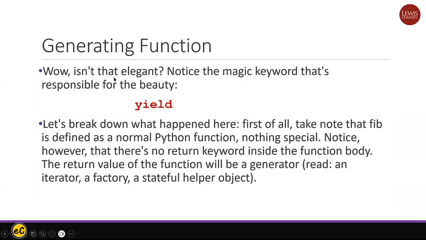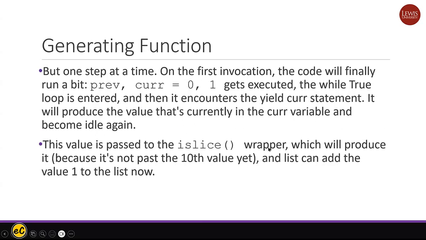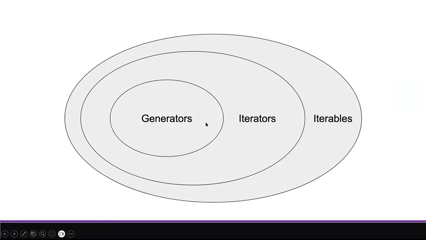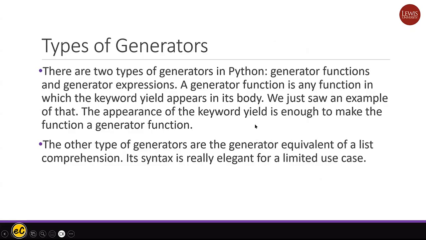Okay, so the trick is on this keyword called yield. The following chapter talks about this yield thing. So this is the relationship of generator, iterator, and iterable. Generators, I think in traditional programming, are not that important, but when you go to AI, generators become very interesting.